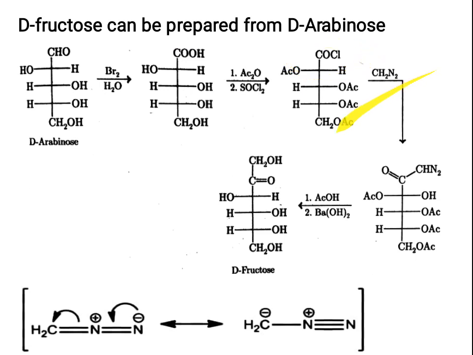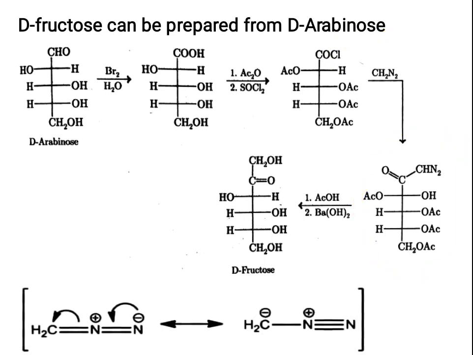Then add diazomethane CH2N2. Then you will get this. Here diazomethane is reacting in an SN2 type reaction. This CH2 is in the minus state, so it can attack this carbonyl and this chlorine will leave. So you are getting this.